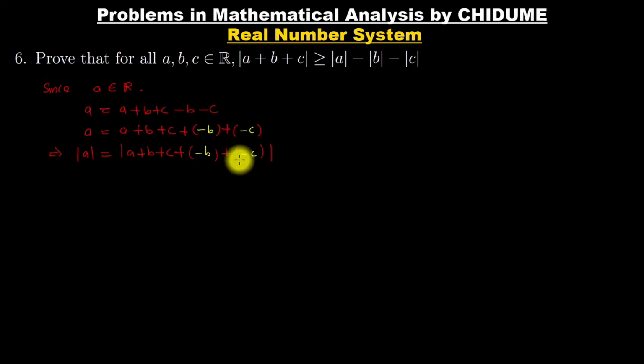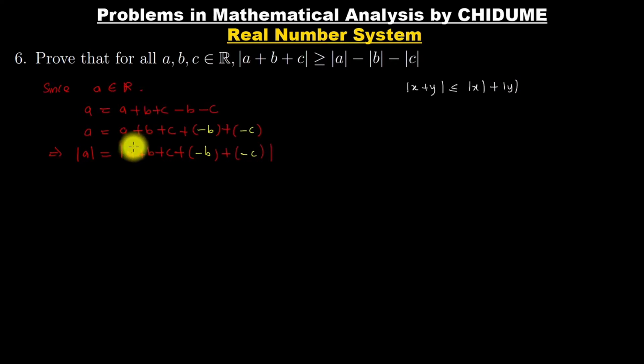And now you remember your triangular inequality. I've been talking about triangular inequality since morning, so it's actually a major part in proving inequalities like this. The absolute value of x plus y is less than or equal to the absolute value of x plus the absolute value of y.